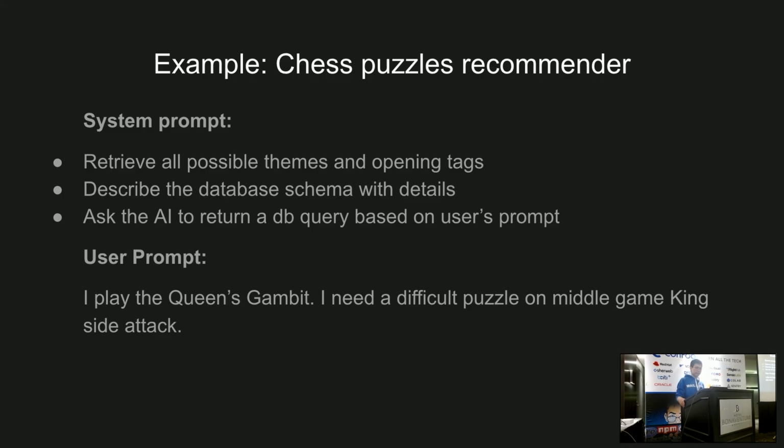This is already a very complete query for me to recommend the correct puzzle. And once you have the query ready, you can just run the query, and you will return the correct puzzles.